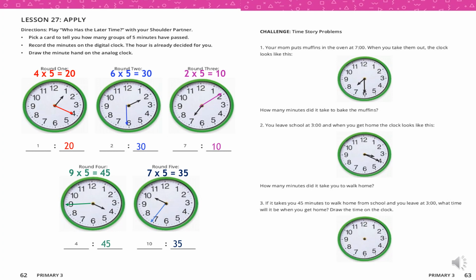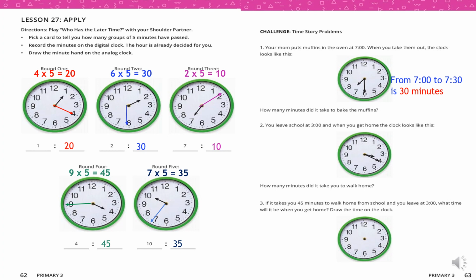The short hand for 7, so it's a 7, and the long hand for 6, it means 6 times 5, 30. So our time here is 7:30. So between 7 o'clock and 7:30, we have 30 minutes. So he is asking how many minutes did it take to bake the muffins? It means 30 minutes.